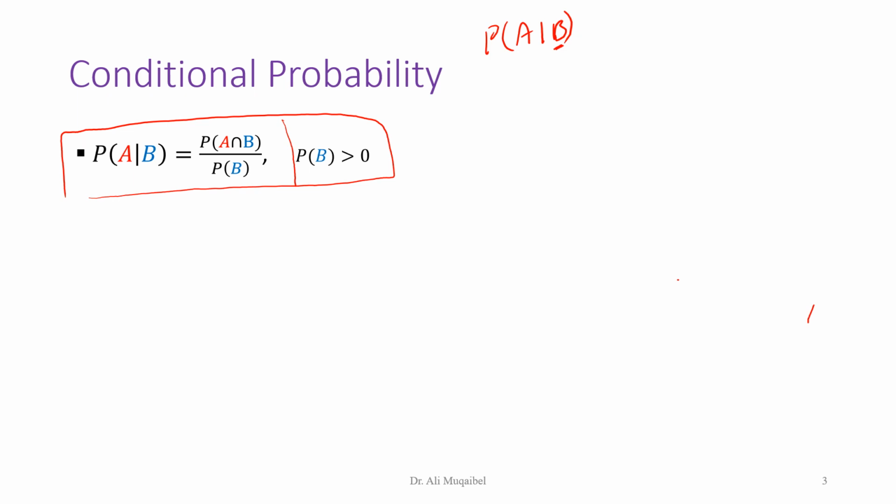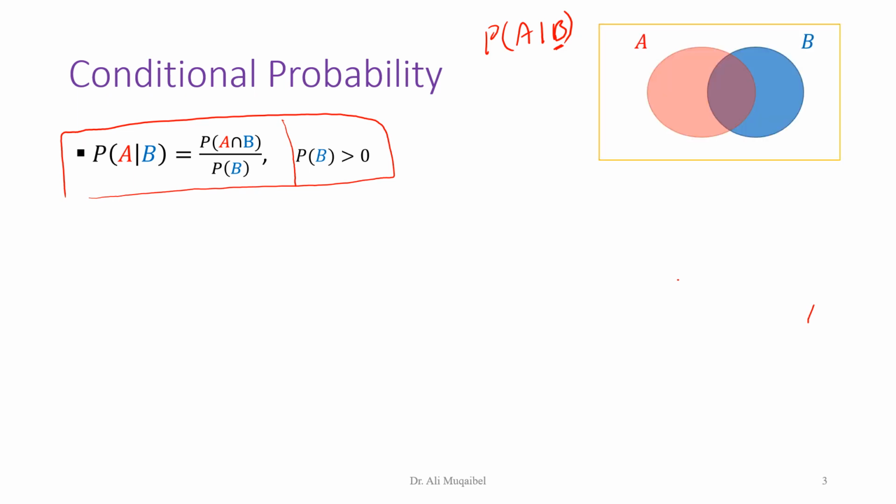Let's see now with the Venn diagram how we got to this formula. From the Venn diagram, we have the sample space, and then we have A intersection with B. We're now seeing two events, and we want to find the conditional probability. What is the meaning of the conditional probability? If we say A conditioned on B, it means that B is already true.